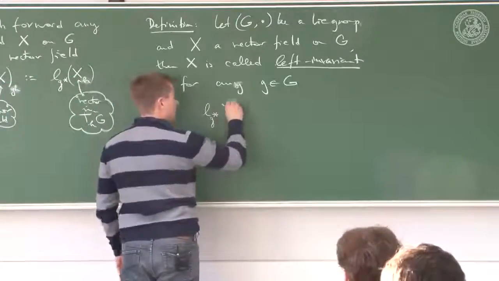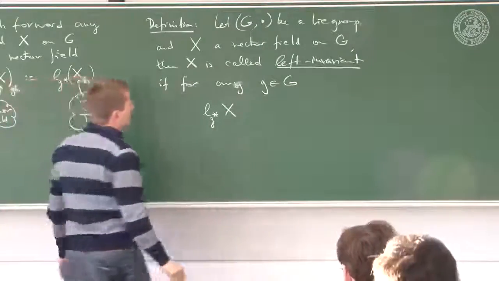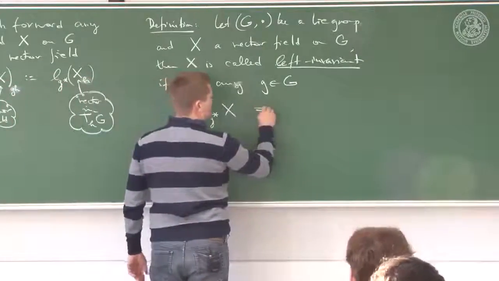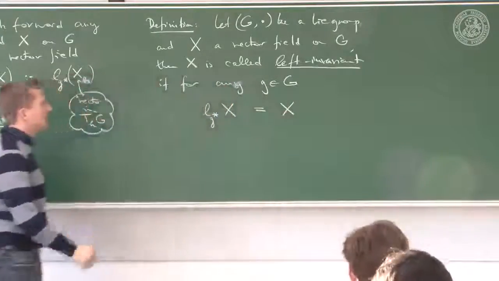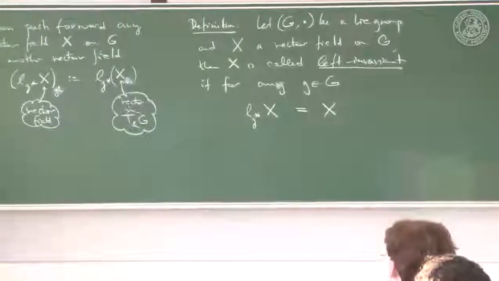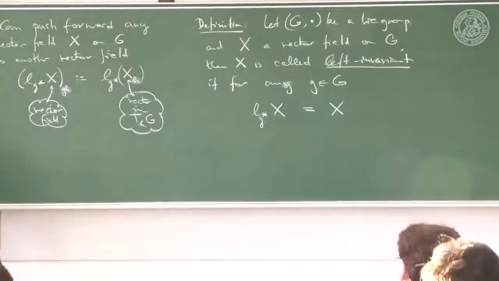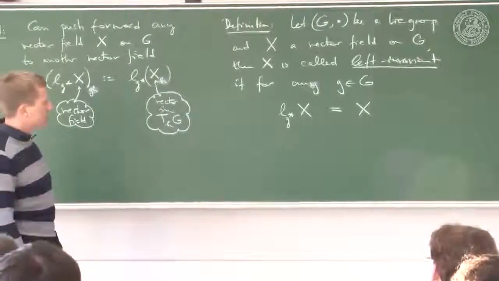I can apply it to the entire vector field. And I require that the whole thing is again the same vector field. Nothing changes. It's left invariant. It's invariant under the push forward that's induced by the left translation.